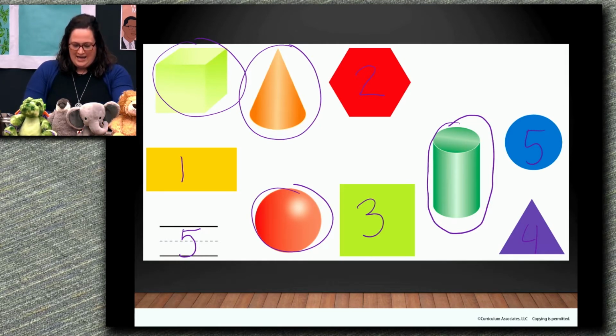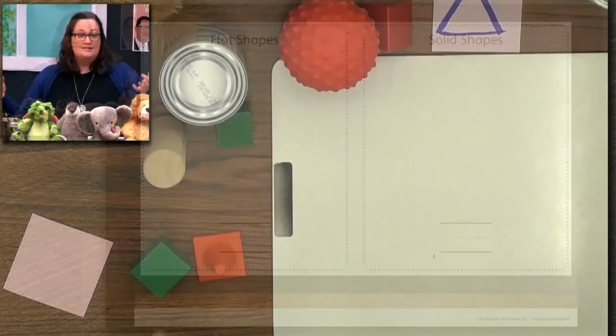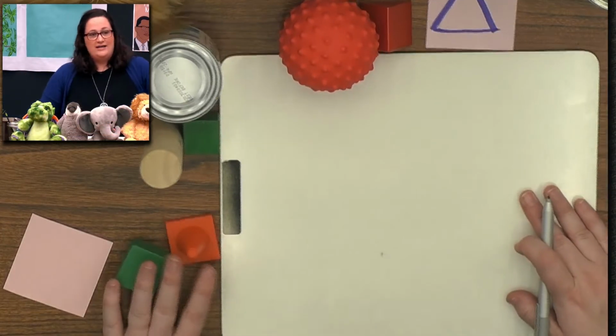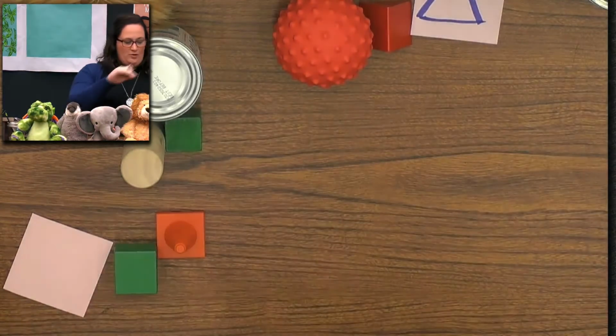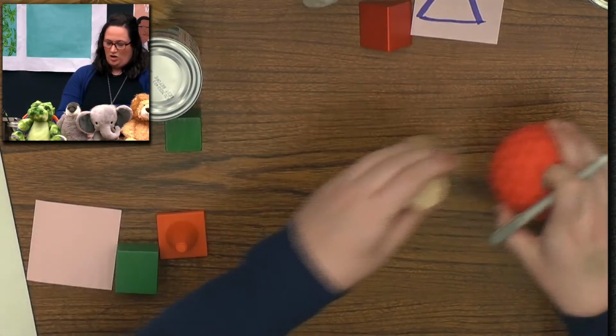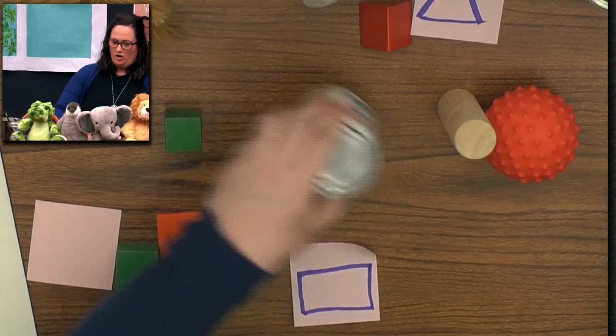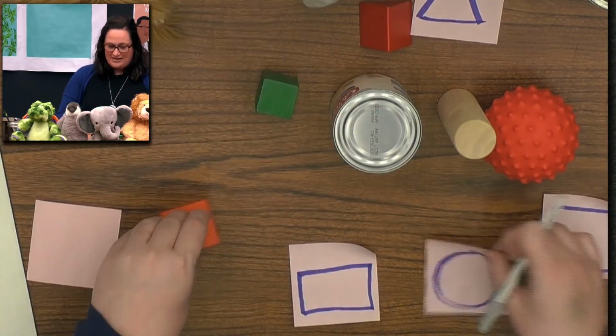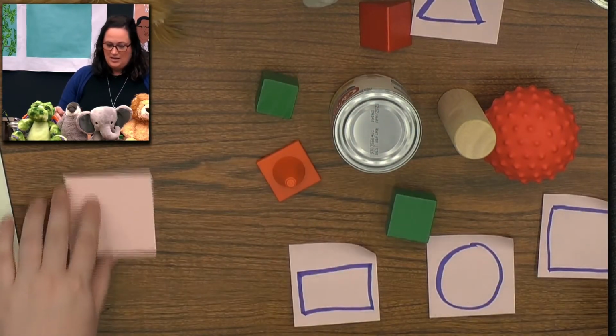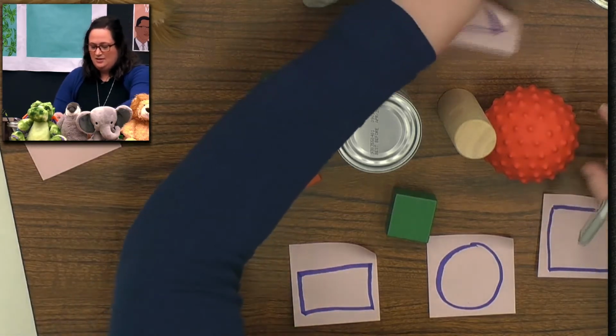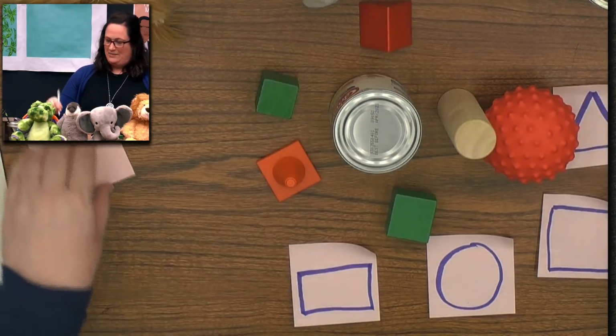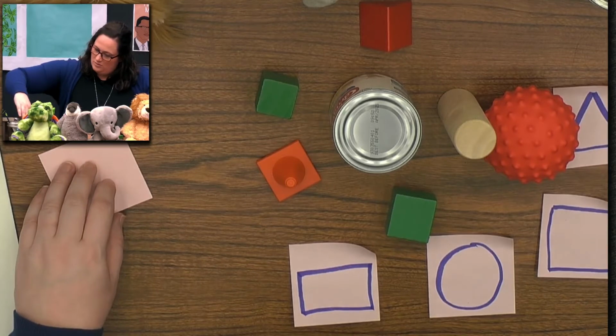Now, I have a bunch of shapes up here, and it says to sort, but we're going to just sort them right here on my table, okay? And I've got all these shapes. They're all over the place. I brought stuff from my house. I drew some shapes, and we have to decide, and I'm going to write on this sticky note.